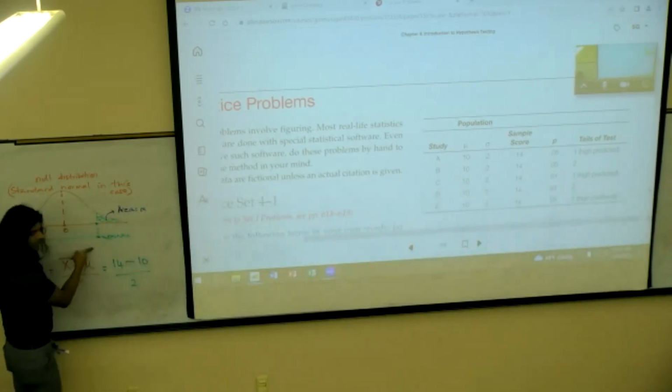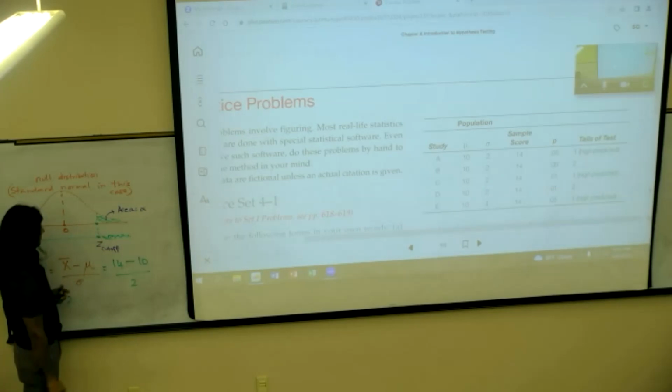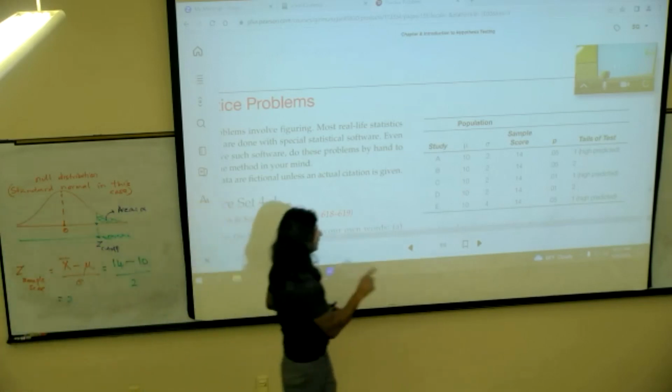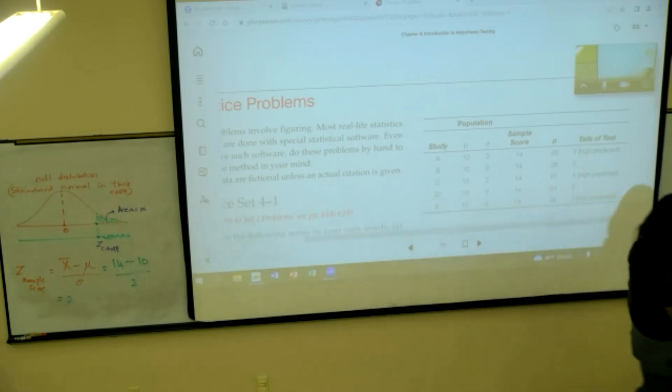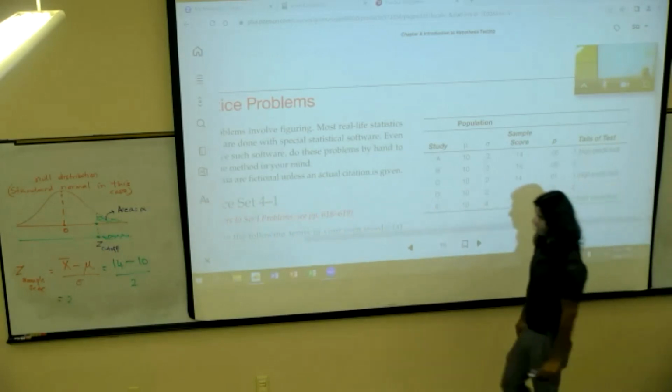We need to know a cutoff. Well, from the table. What is the cutoff? When alpha is 0.05. I wrote this last time. I hope you have it. 1.6. Very good. It is 1.645.